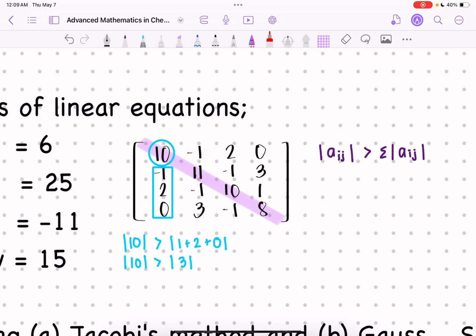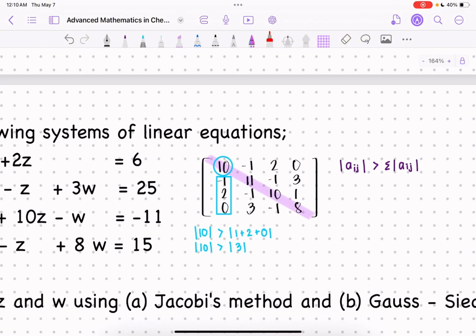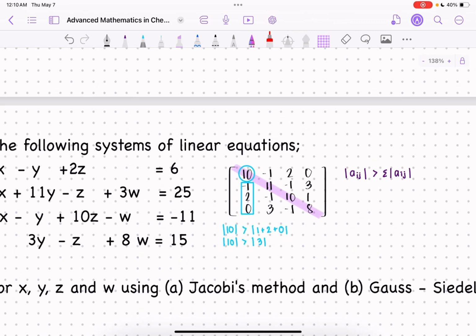That would be 11 is greater than 5, and that is correct. For our third column, that would be 10 is greater than 2 plus 1 plus 1. So that is 4. 10 is indeed greater than 4. And for our last column, it should be 8 is greater than 3 plus 1, and that would be 4. And this is indeed correct.